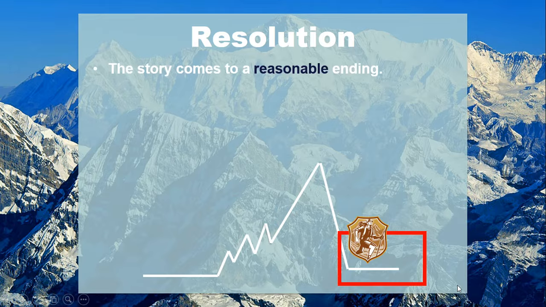The story comes to a reasonable ending. That means an ending that fits with everything else that has happened so far in the story. You'll notice there in bold blue letters, it does not say acceptable ending. It also doesn't say enjoyable ending.